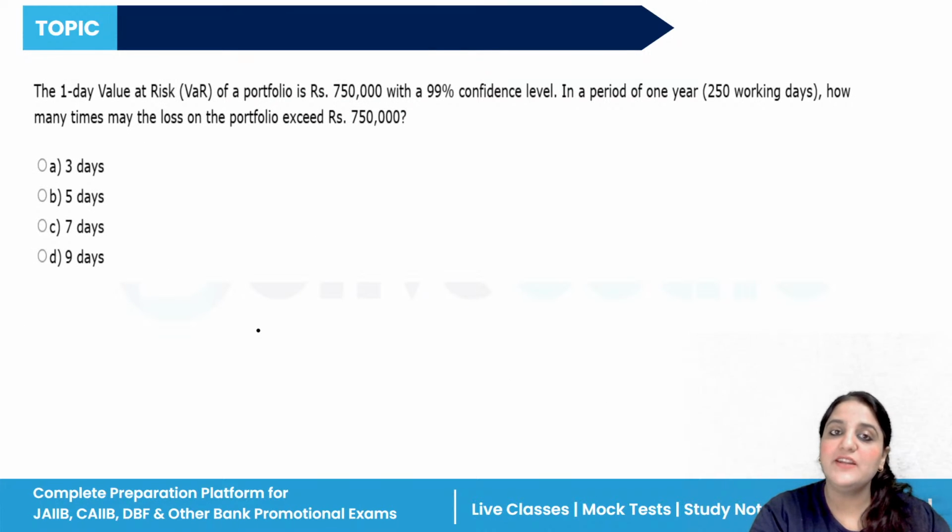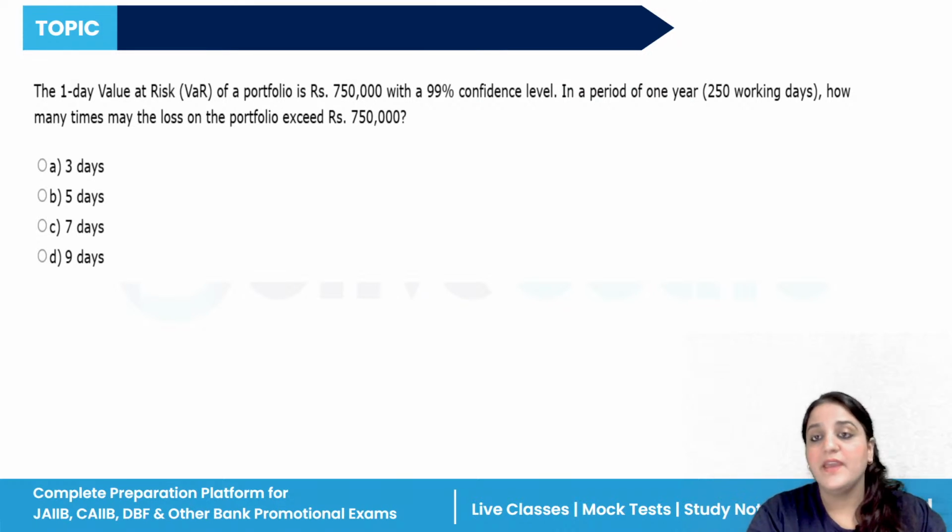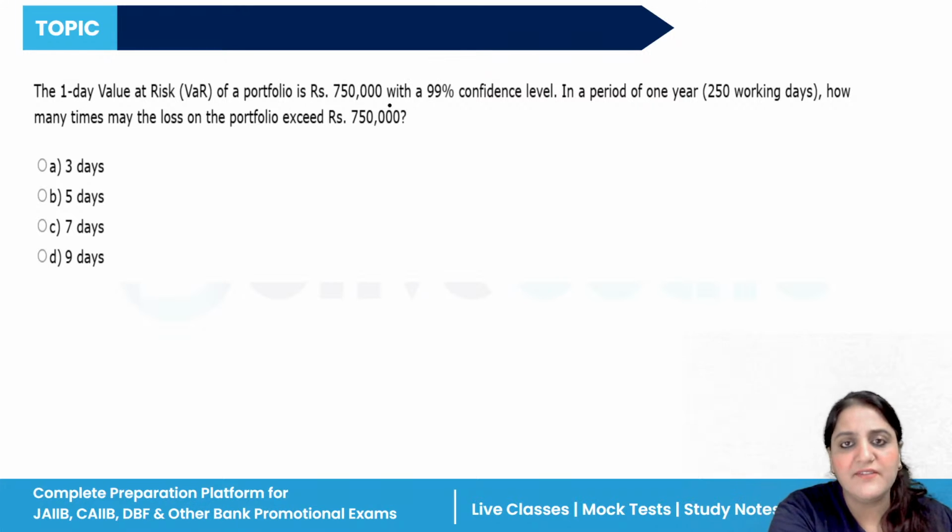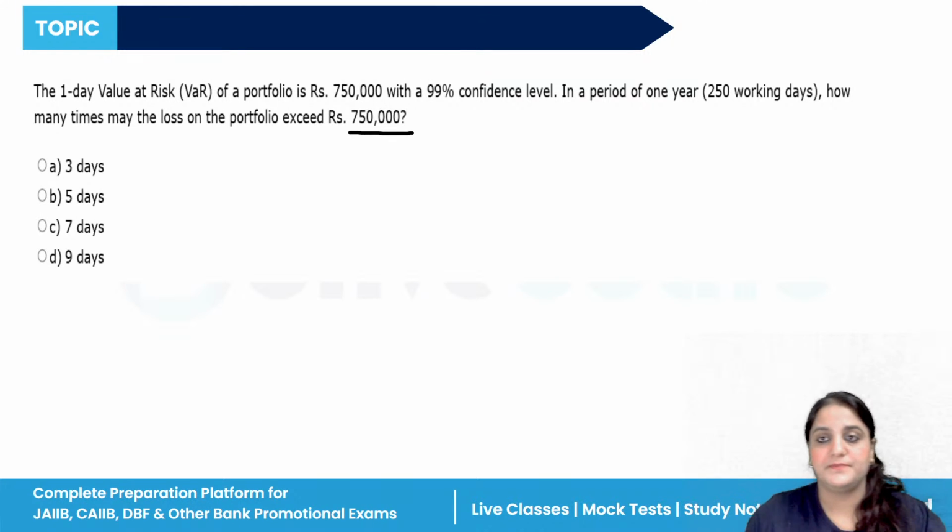The one-day value at risk of a portfolio is 7,50,000 with a 99% confidence level. Now, in a period of 1 year, how many times may the loss on the portfolio exceed this 7,50,000?